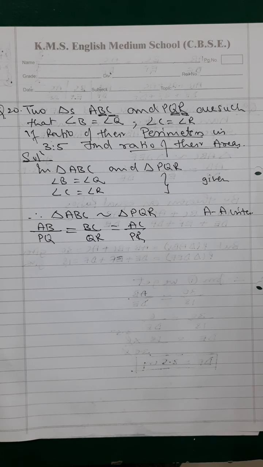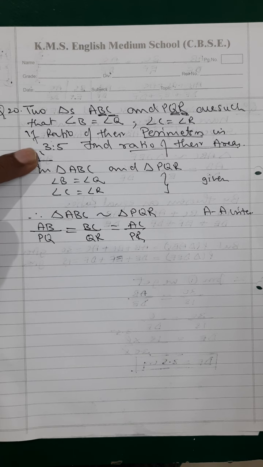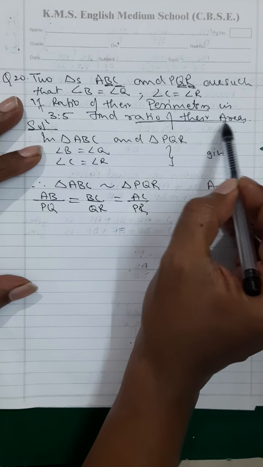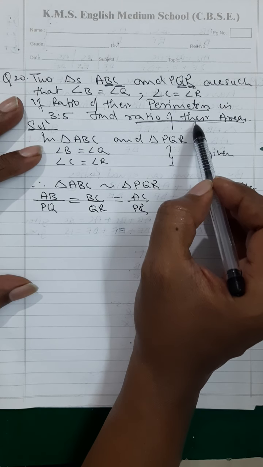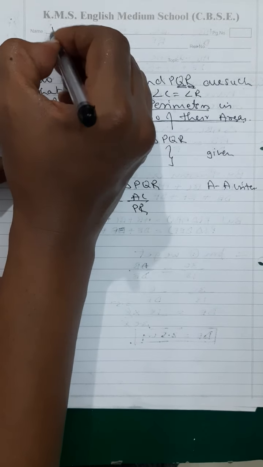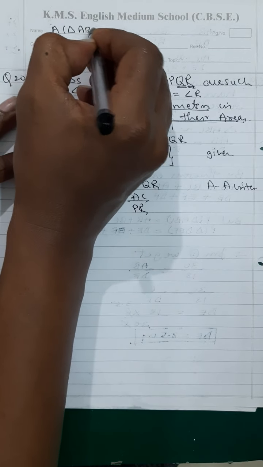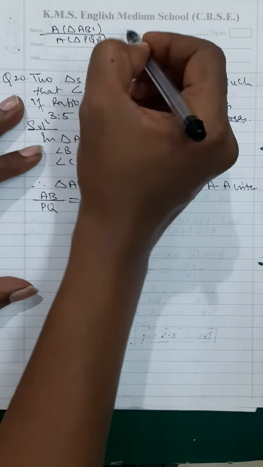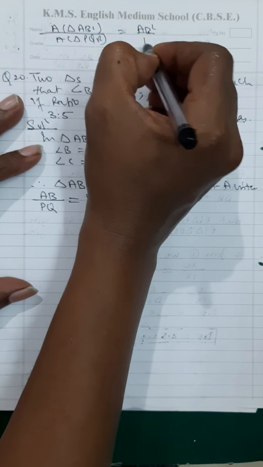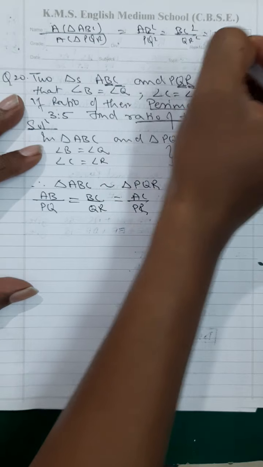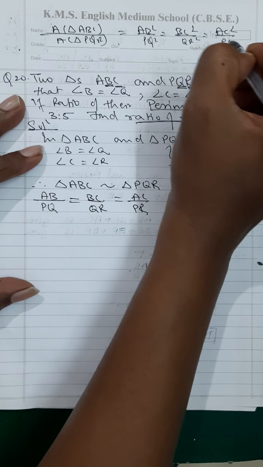Now here they are telling the ratio of their perimeters is 3:5. So when they are asking you to find the ratio of their areas, by the ratio of areas of similar triangles, we know that area of triangle ABC upon area of triangle PQR is equal to AB square upon PQ square is equal to BC square upon QR square is equal to AC square upon PR square.